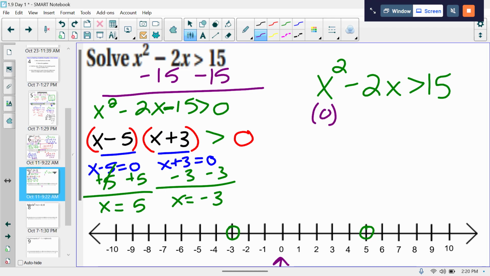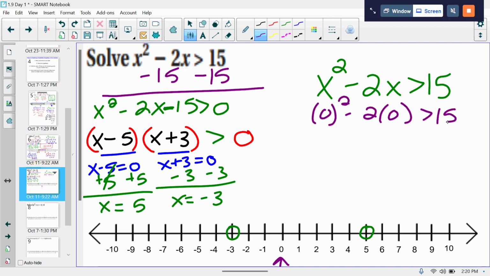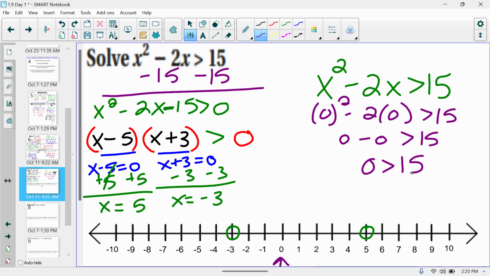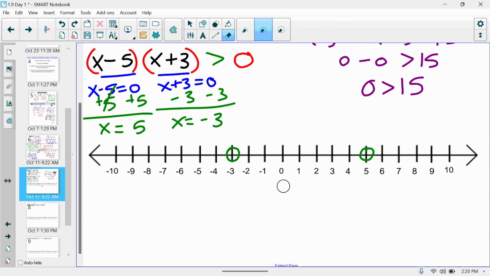So let's plug in 0 and see what happens. 0 squared is still 0, minus 2 times 0 is 0. So that's easy math, right? Is 0 greater than 15? No. So that means we don't want to shade in here. 0 is not part of the solution set.